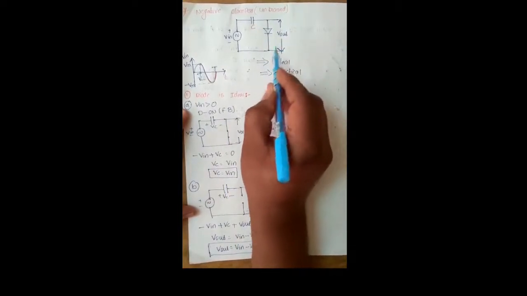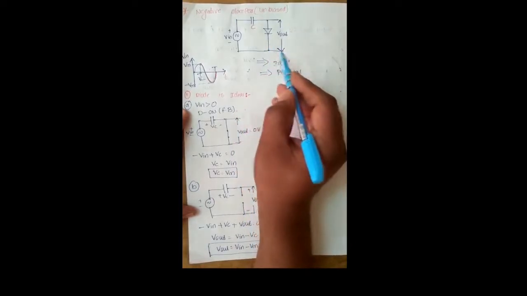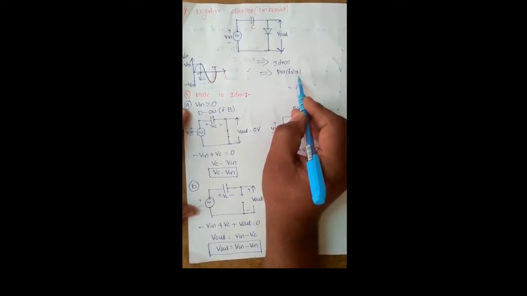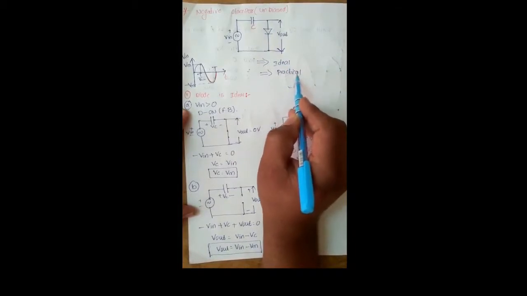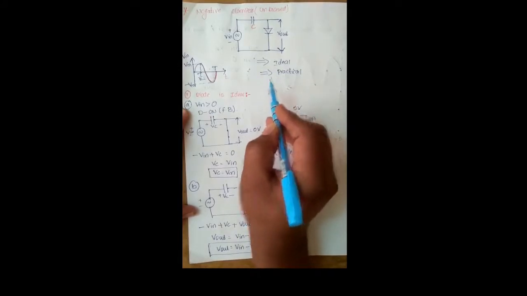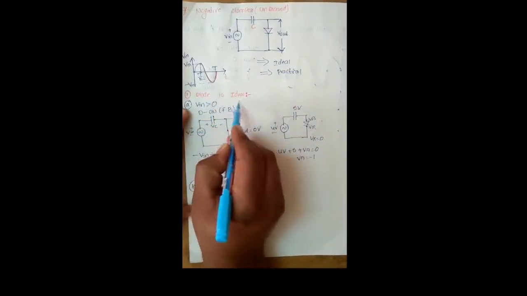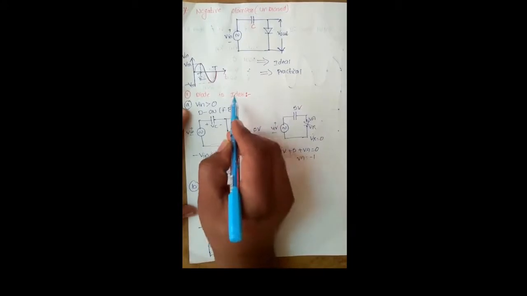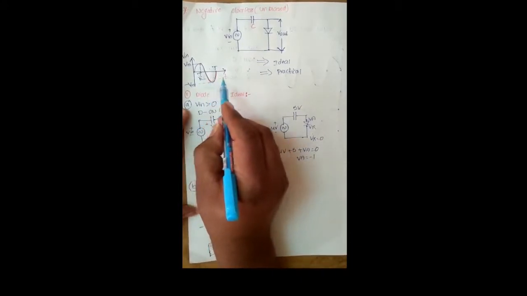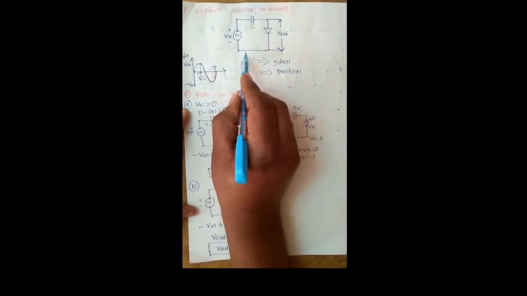In this circuit, the diode can be considered either an ideal diode or a practical diode. For the analysis of this negative clamper circuit, we consider the diode as an ideal diode, and now we give the sinusoidal signal as the input of this negative clamper circuit.